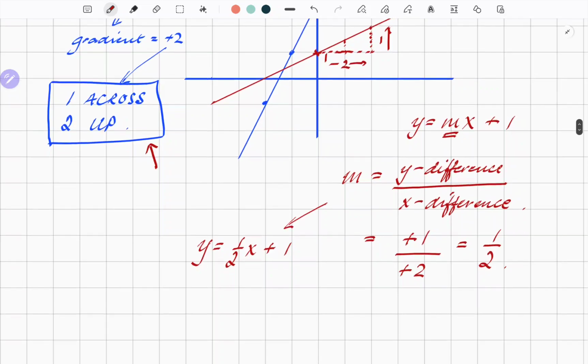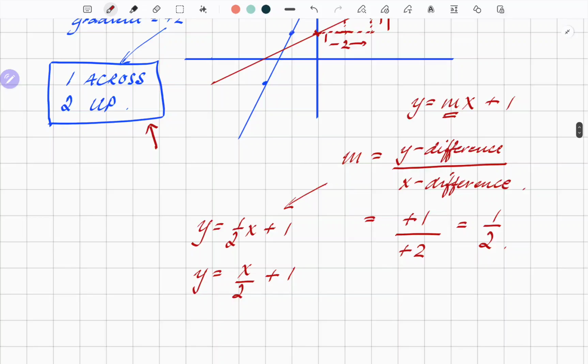And just to avoid a little confusion, when you see them in books and textbooks, this 1/2 x can also be written as x over 2. That's exactly the same thing. You can write it whichever way you like, as long as you know what the gradient is and it's clear to the examiner or whoever's marking your tests and questions.